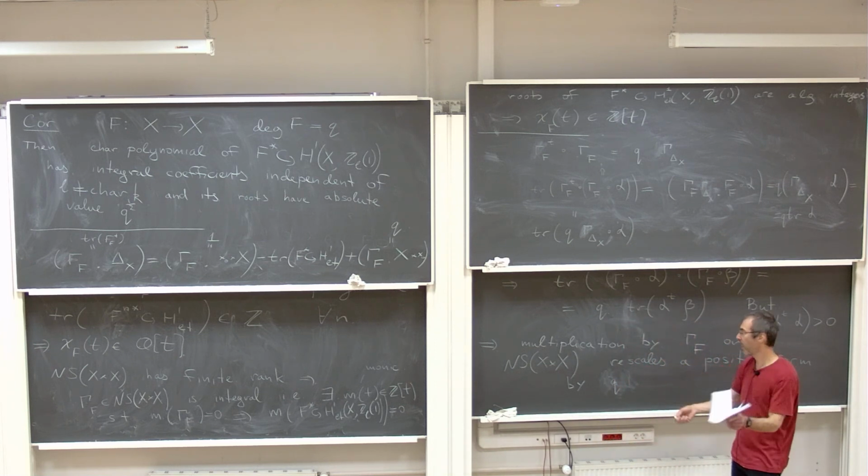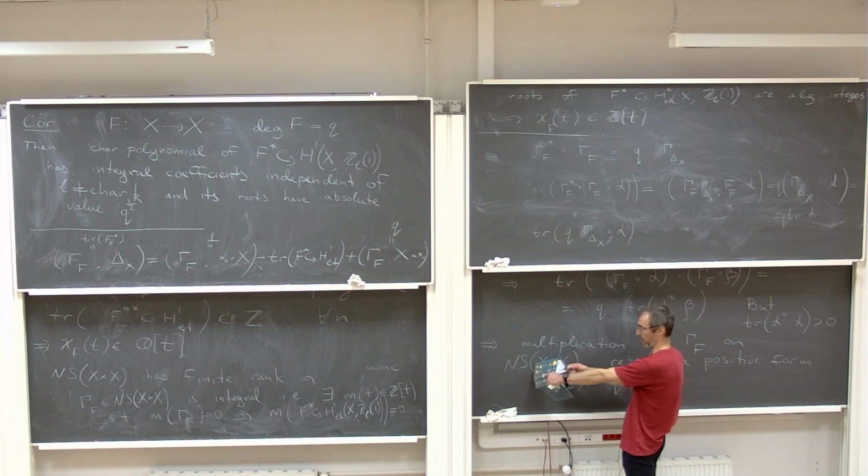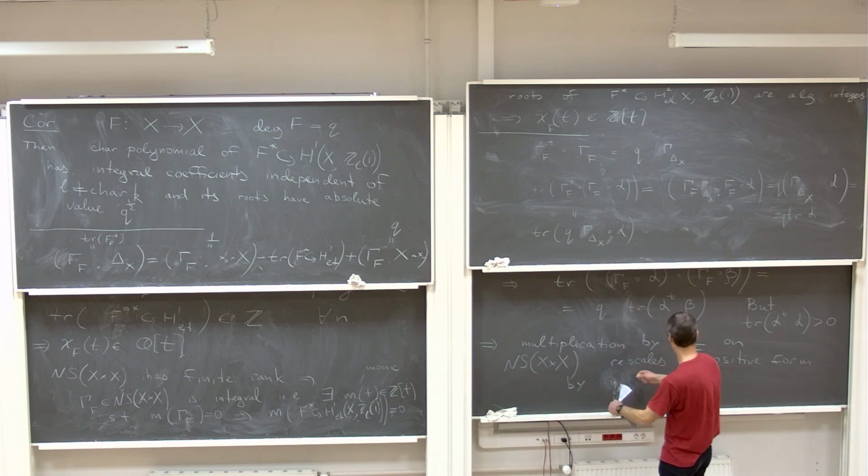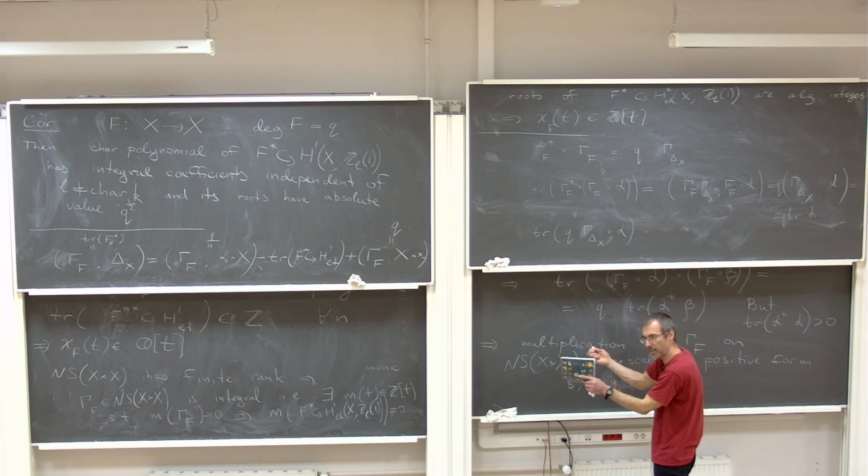So you have a free abelian group with a positive form, and now you have an endomorphism of this free abelian group, namely composition with this gamma f, and you know that the form is rescaled.